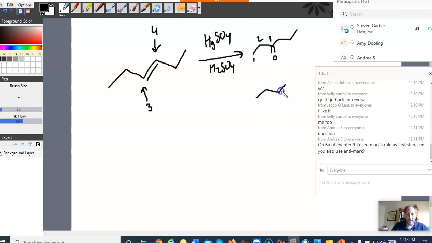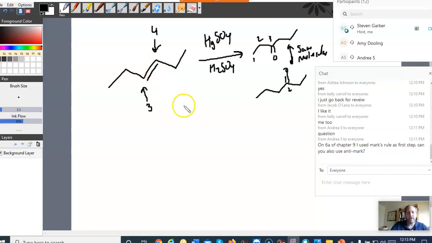If you get the carbonyl on carbon 4, 1, 2, 3, 4, but really I'd count it the other way, 1, 2, 3. So these molecules are the same molecule. So there is no Markovnikov or anti-Markovnikov. They are equivalent spots. So no matter where you go, you get it.